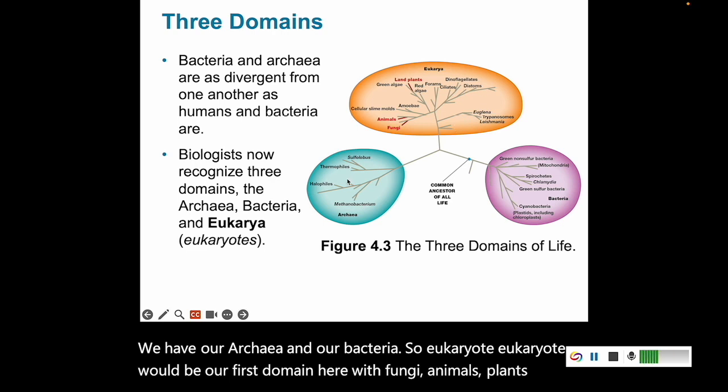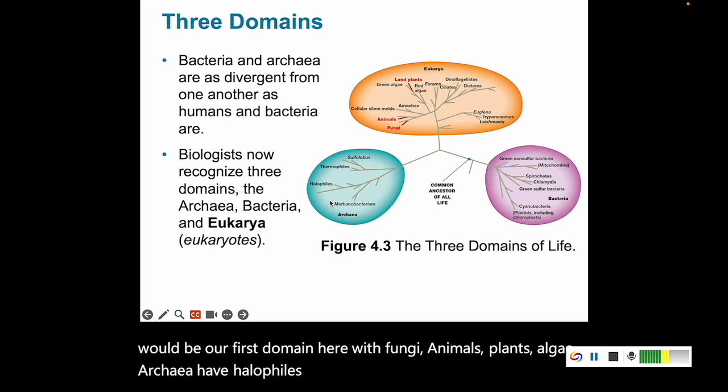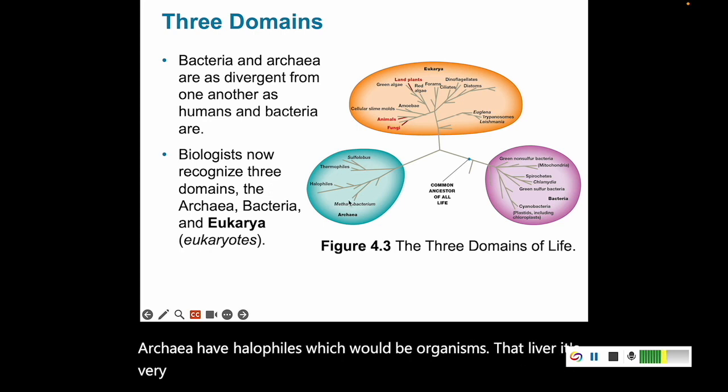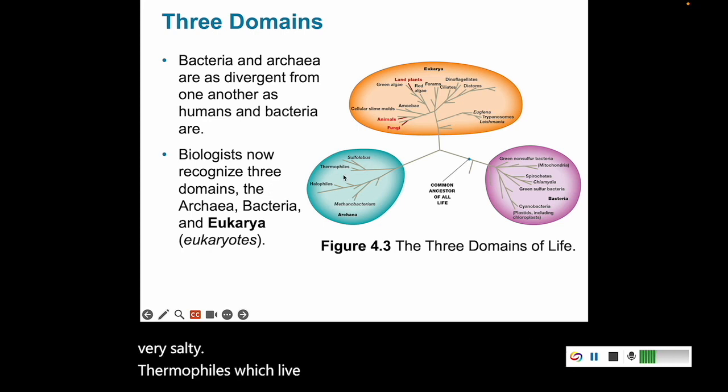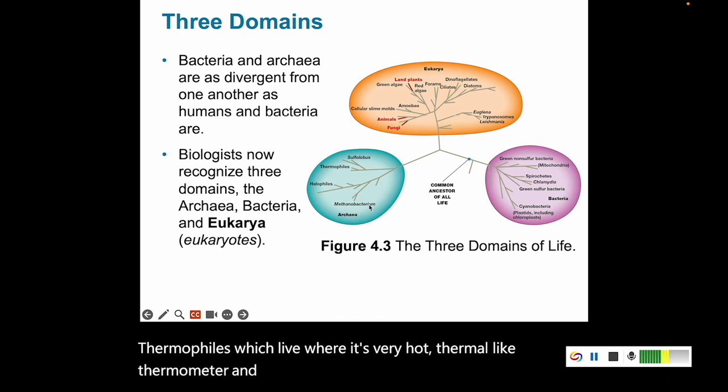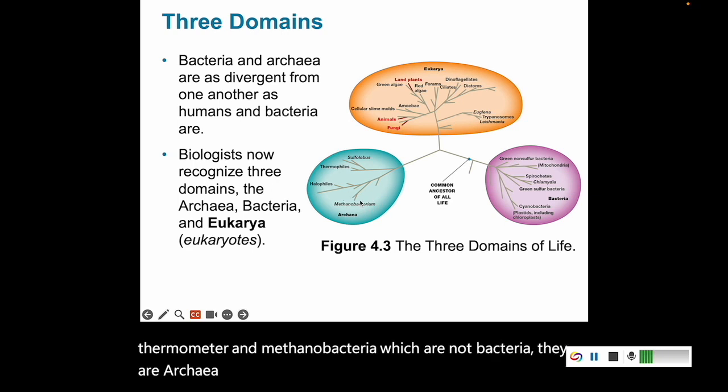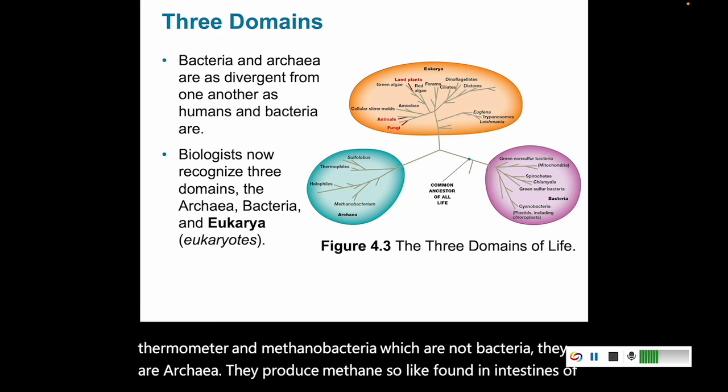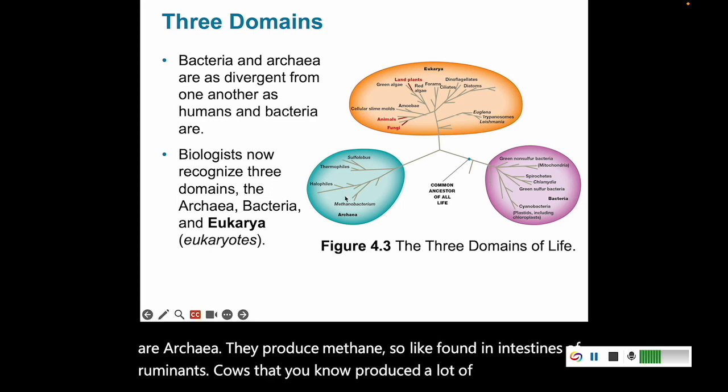Archaea have halophiles, which would be organisms that live where it's very salty. Thermophiles, which live where it's very hot, thermo like thermometer, and methanobacteria, which are not bacteria, they are archaea. They produce methane, like found in intestines of ruminants, cows that produce a lot of methane. It's these archaea producing it.